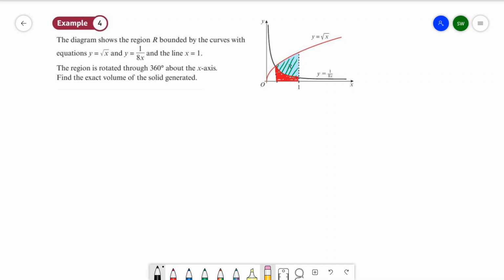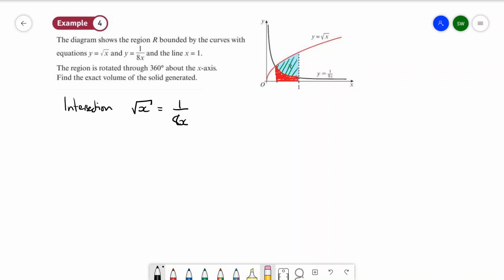So our first job is we're going to work out the point of intersection of these two graphs. So intersection. So when they intersect each other, we're going to have root x is equal to 1 over 8x. So this is a fairly simple and straightforward equation to solve.